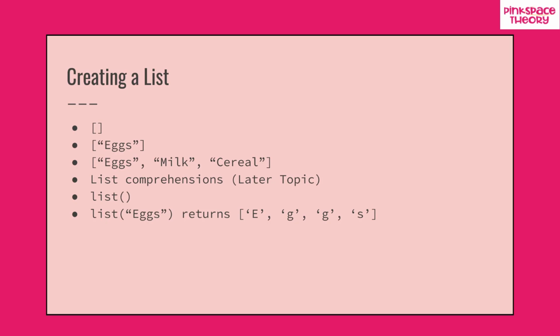They are more of a later topic, so I would just mention them and that's it. Finally, there's using a type constructor, in this case being either list parentheses, which just as the empty pair of square brackets, creates an empty list, or list with an iterable inside of the parentheses.